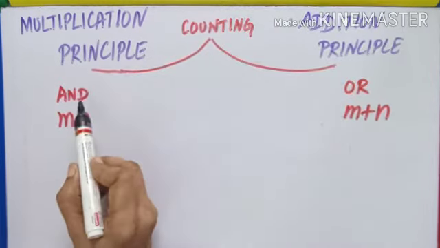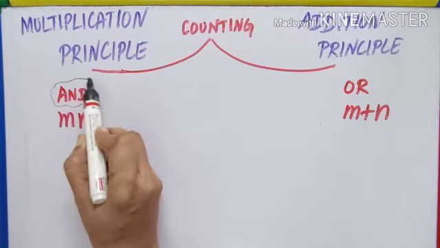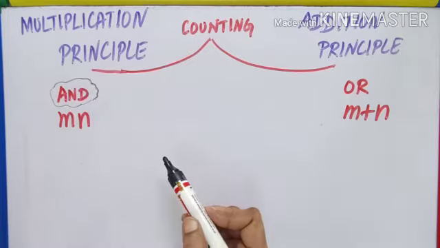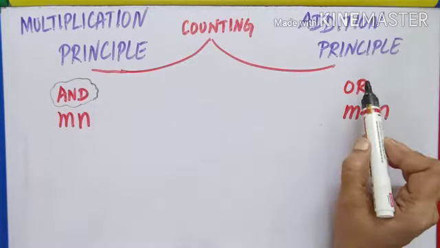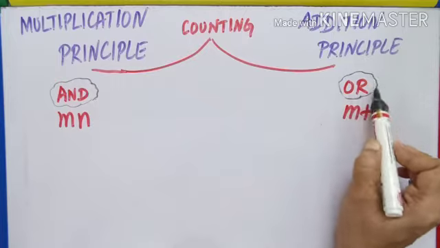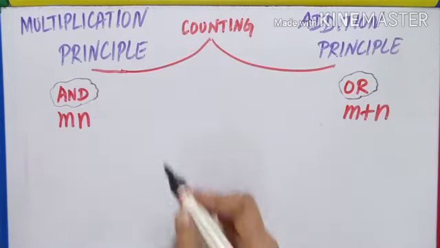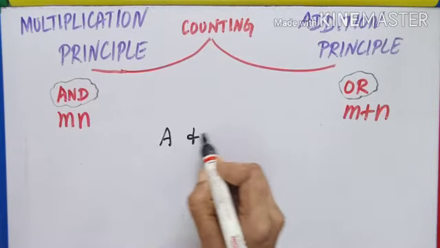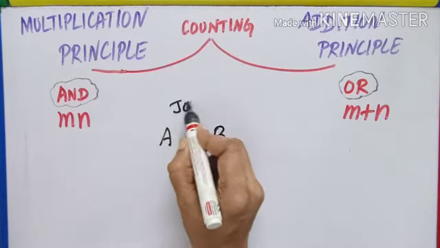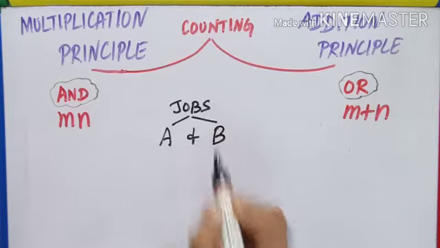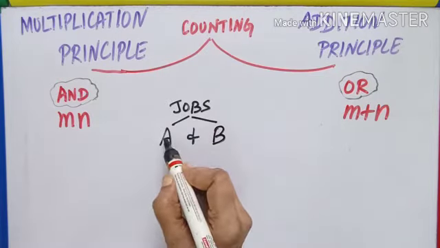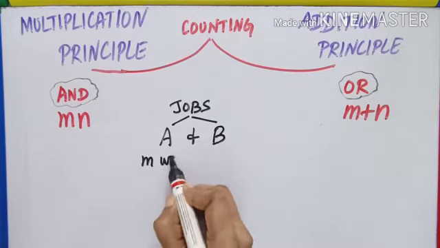Multiplication, the word "and" will come to highlight multiplication, and "or" will come for the addition principle. How do I understand it? There are two jobs, let me say A and B. How many jobs? Two jobs. This A job can be done in M ways.